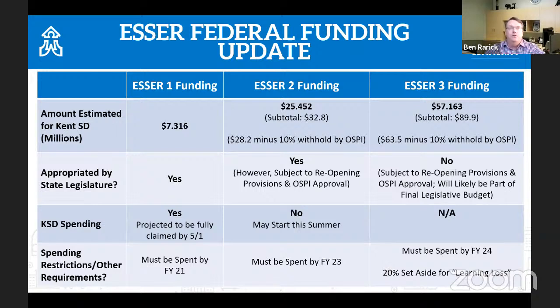There are a whole host of different types of costs and programs that are allowed in there, including extending the day, extending the year, enriching the day, enriching the year, buying new instructional materials, implementing new programs. And the law itself has a definition of learning loss, but it's several paragraphs long. So it's not, in my view, restrictive. It tends to be open to letting districts think strategically in that way.